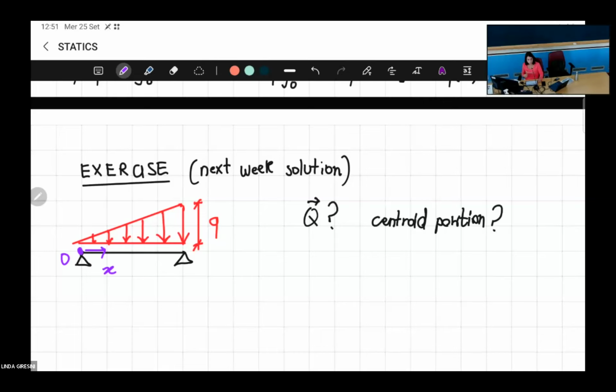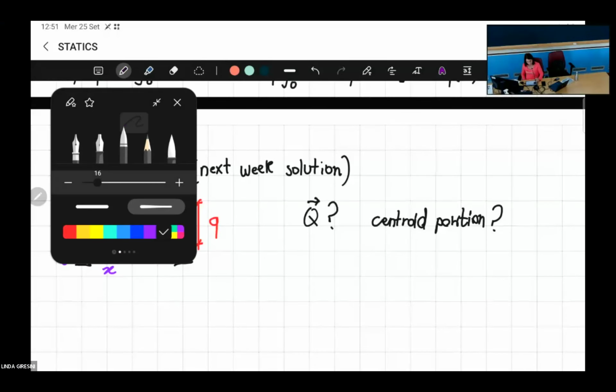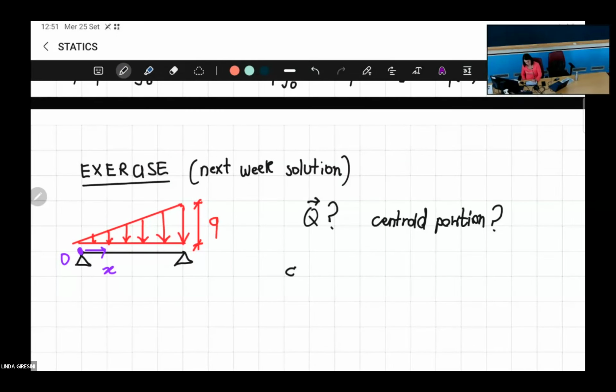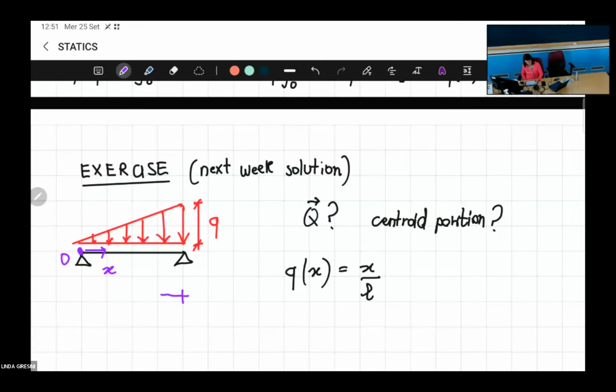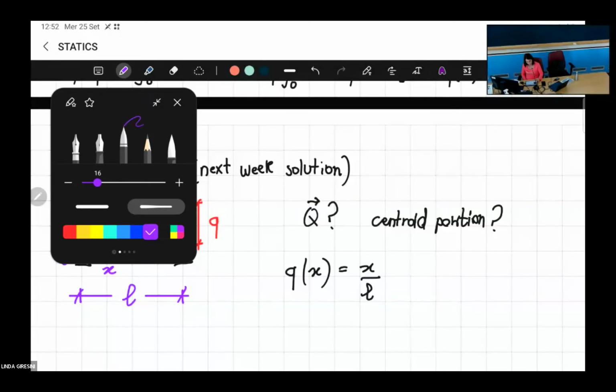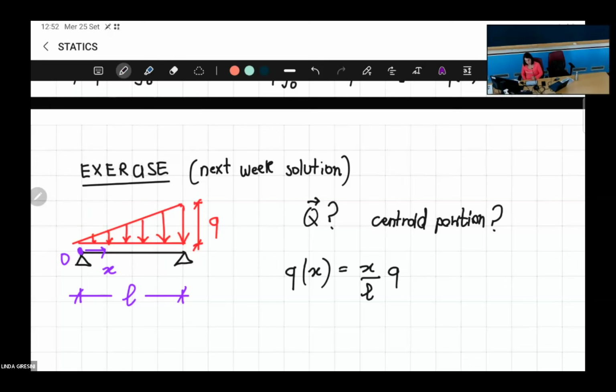What you have to do is understand that the function ruling Q, so Q now is a function, is equal to x divided by L, where L is the beam length, times Q. So it's a linear function.